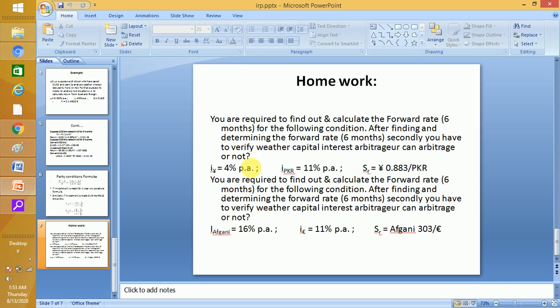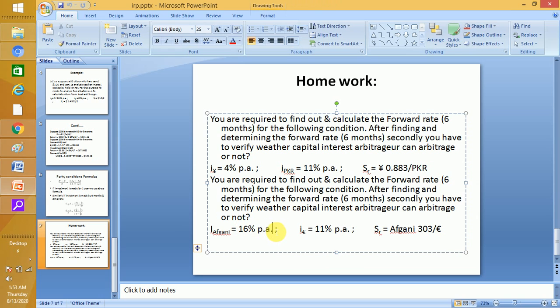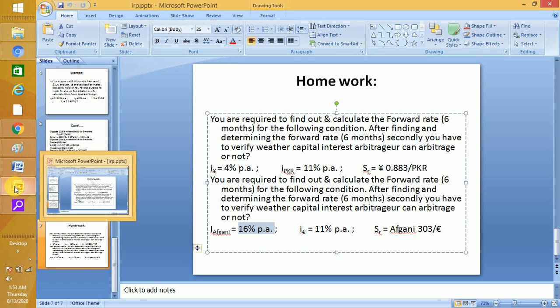We will take this question. Interest in Afghani, our local currency, is 16%, and the spot rate is 303.